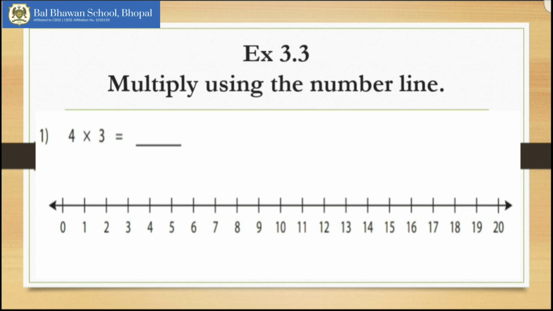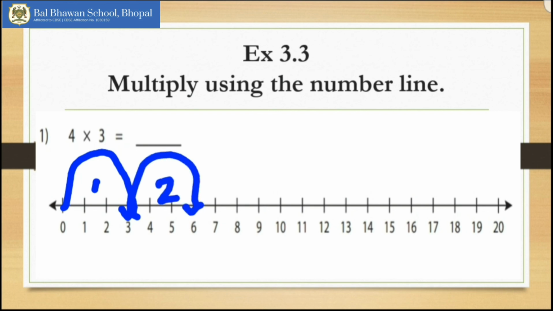So first from 0 we'll count 3. So from 0, count 3: 1, 2 and 3. First jump of 3, and then again count 3: 4, 5 and 6.